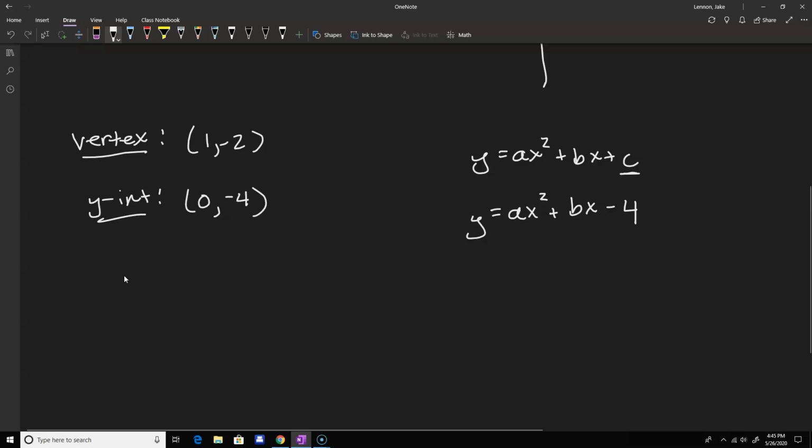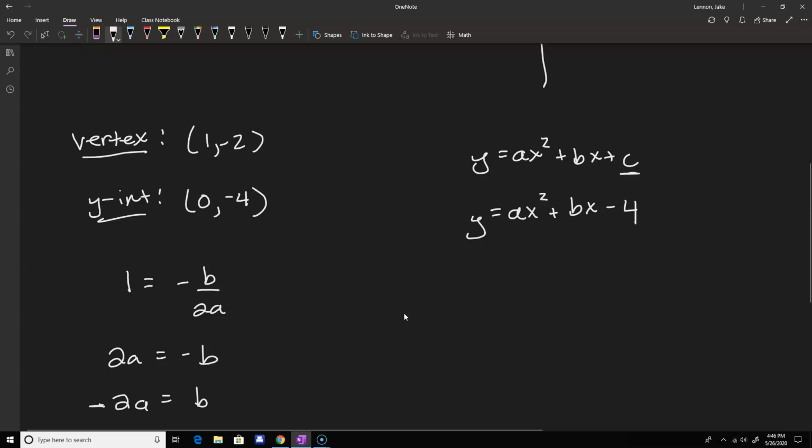So we know 1 is equal to negative b over 2a. So we have a relationship between those two things. If we cross multiply, 2a is the same thing as negative b, or if we want, b can be replaced by negative 2a, if we move the negative to the other side, just multiplying or dividing by negative 1.